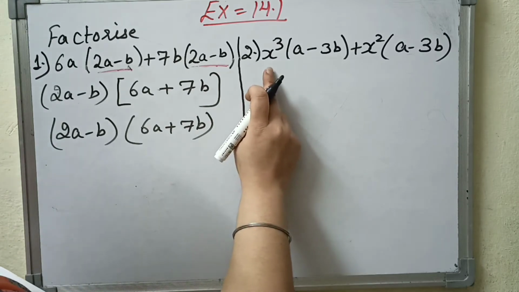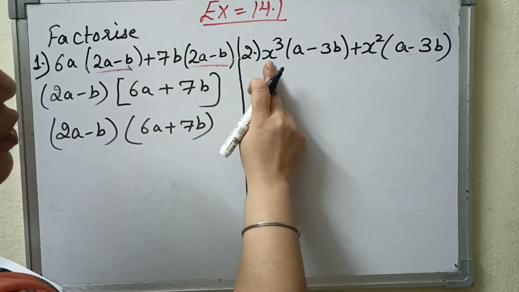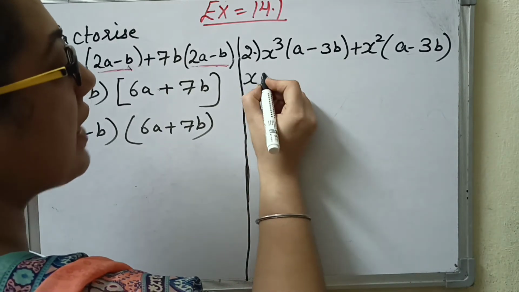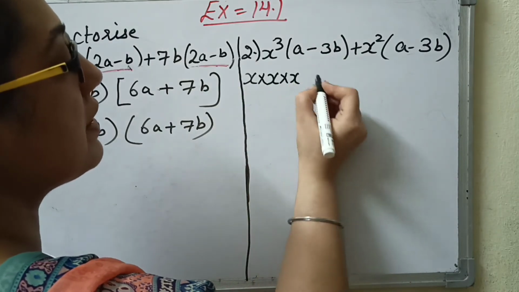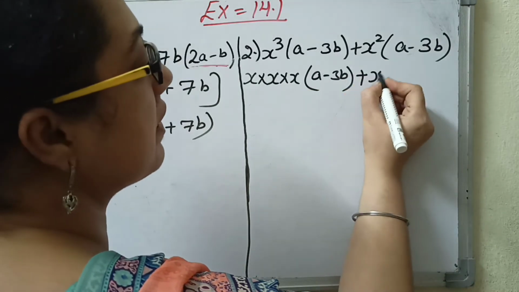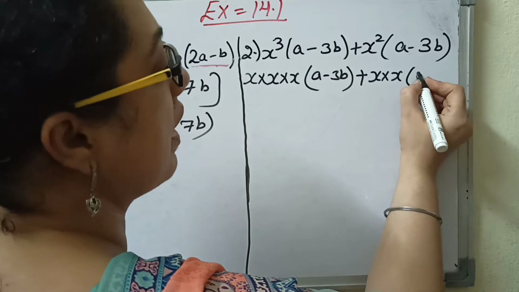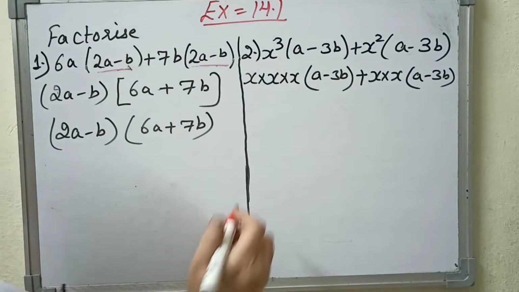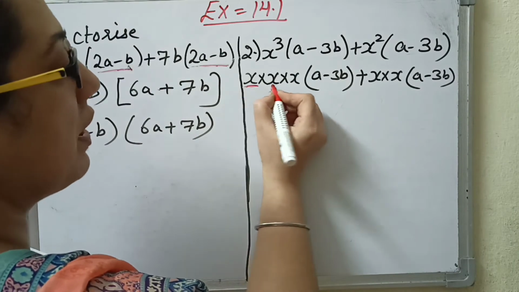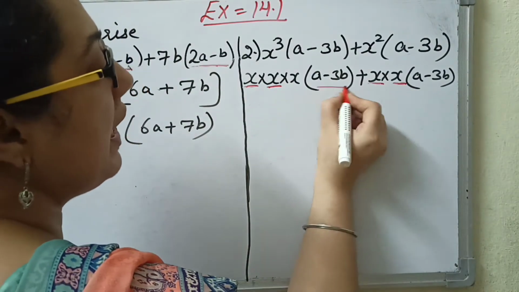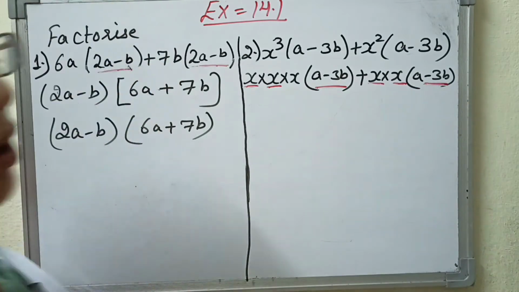Now in sum number 2, x cube into a minus 3b plus x cube into a minus 3b. x cube can be written as x into x into x. a minus 3b plus x cube can also be written as x into x into a minus 3b. Now here in both the terms one x is common, the second x is again common, and a minus 3b is again common.